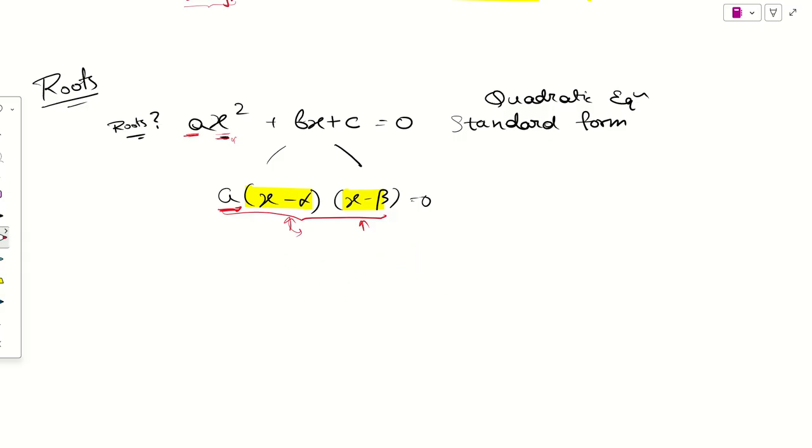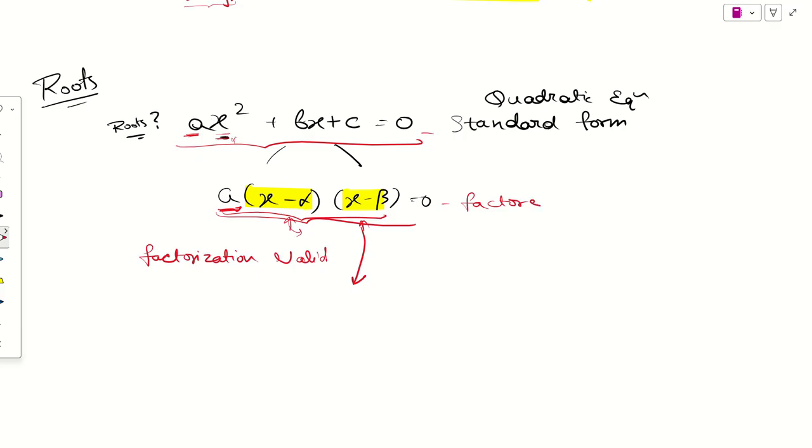So how can we find x here? If I assume that factorization is valid here, I can write the same equation. These are the same equation. One is in standard form, another is in factored form. So let's expand this equation.